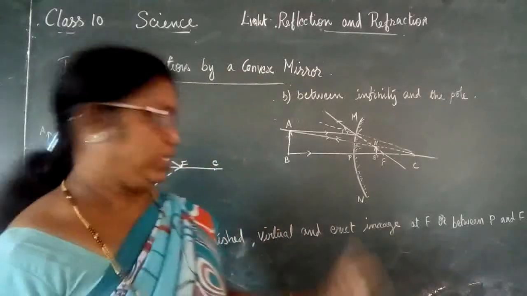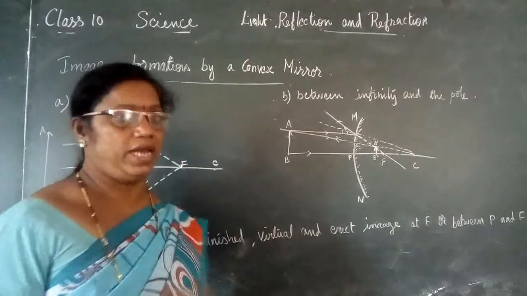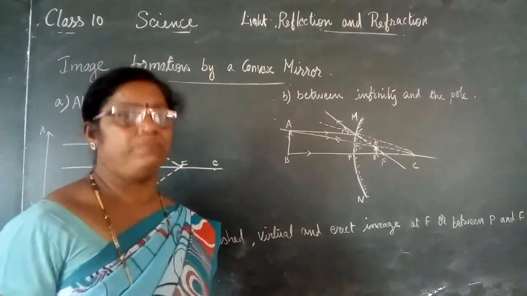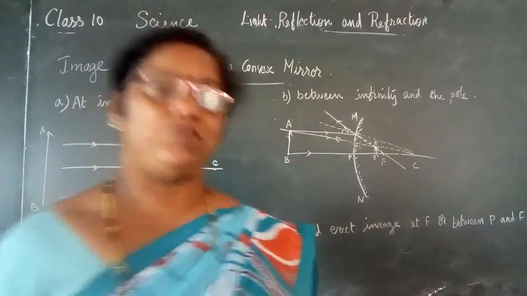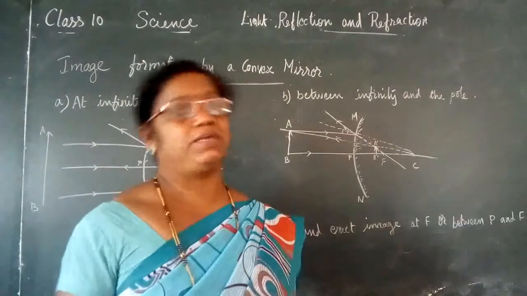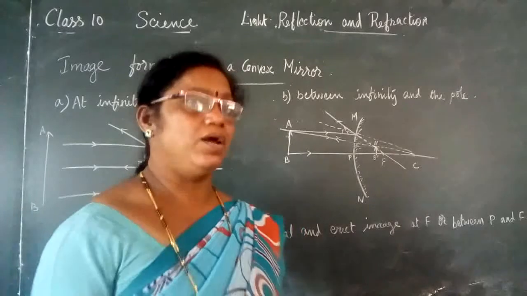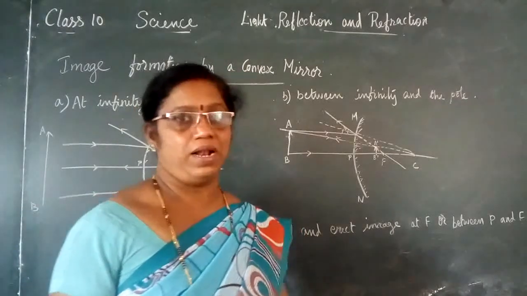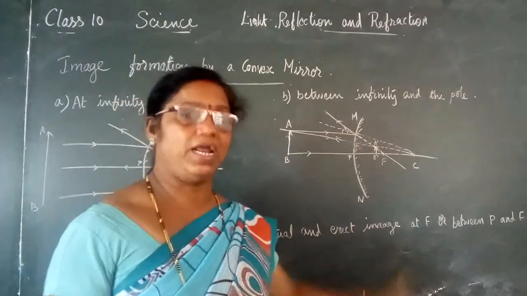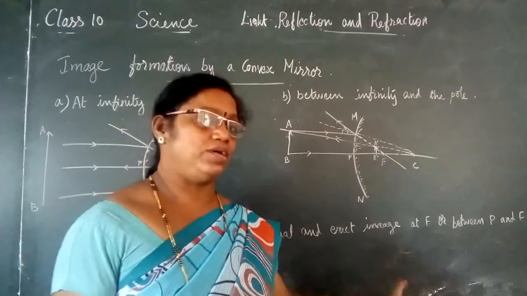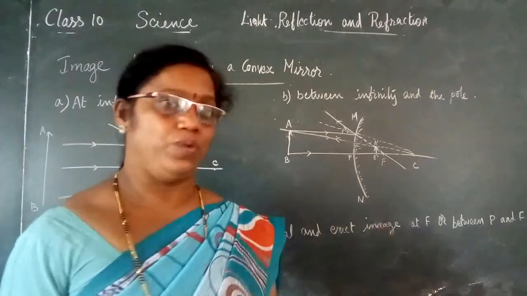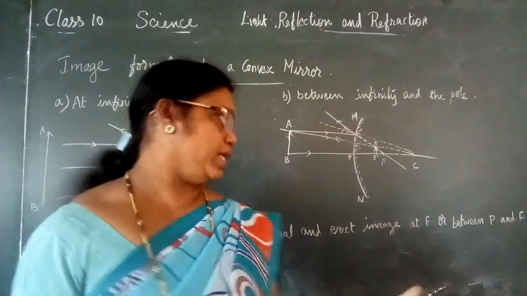So only these two possibilities are there in the case of a convex mirror. If the object is at infinity, the image will be at the principal focus of the convex mirror, and you are going to get a diminished, virtual, erect image.